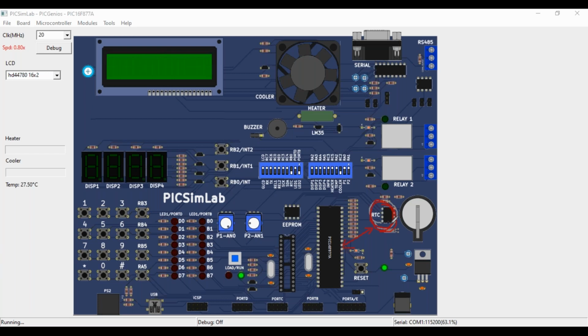So the first and foremost thing, we are going to start with the requirement. I have to establish the communication between the PIC microcontroller and the RTC. Let me represent it on my page right now.